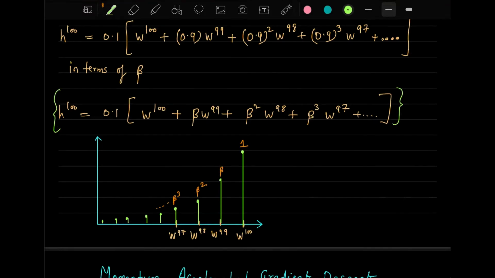And from here you can see that all the W's that you are having are actually weighted by beta. You can see here this is multiplied by beta, this is multiplied by beta square, this is multiplied by beta cube. So all the values at a particular value of k, which we call W superscript k, are actually weighted by the value of beta.